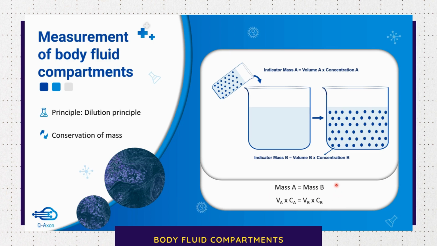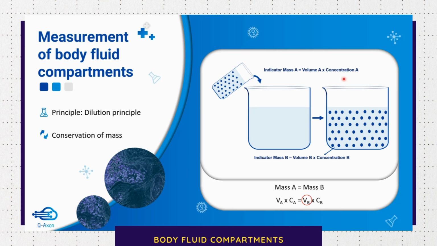So what is this? Mass A is equal to mass B. This is the conservation of mass. On the other hand, this indicator is getting diluted in a different volume. That is the dilution principle. So we are following both for determination of the body fluid compartments. Now you see that we already know mass A, because we have added it to a known volume, and a concentration also we can take out a sample and measure.